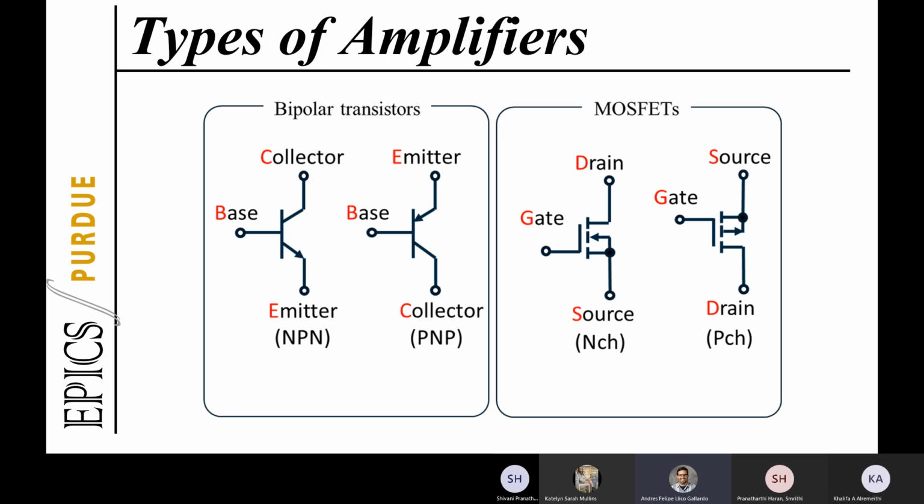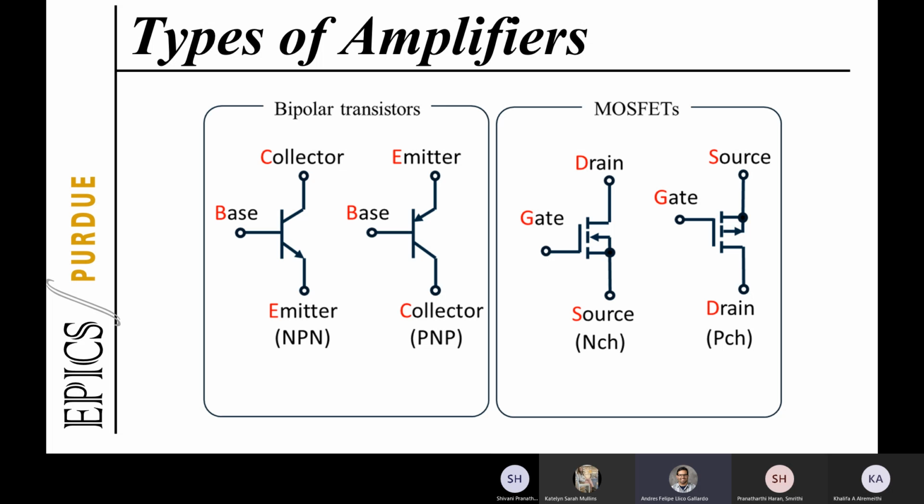As I mentioned before, for bipolar transistors there are two types, and the same applies for the MOSFETs. You can see here for the transistor, the one on the left, we have two types, NPN and PNP.